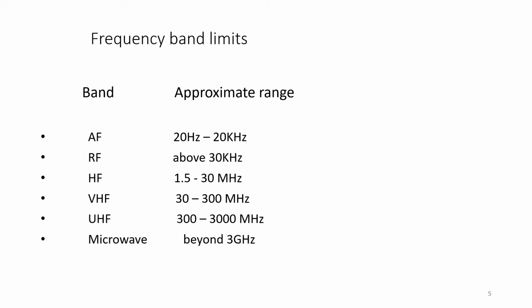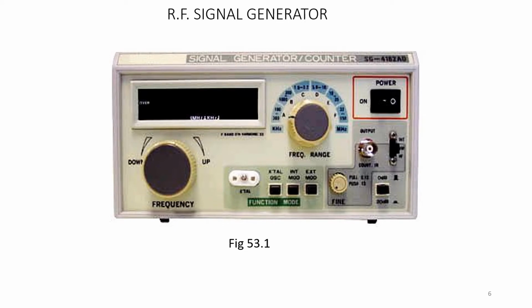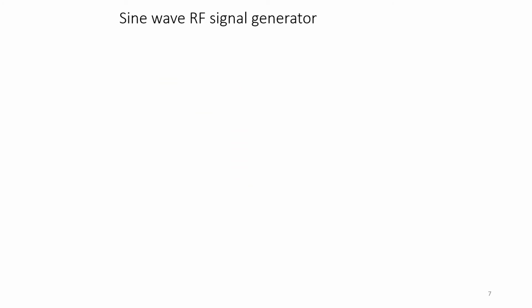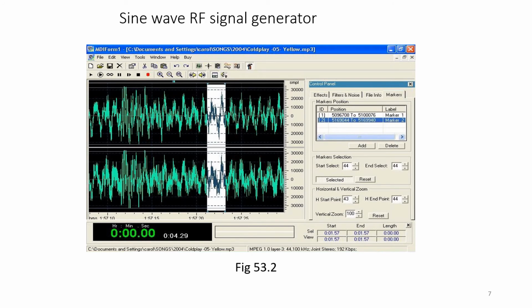The ultra high frequency band from 300 to 3000 MHz. The microwaves beyond 3 GHz. So this is an RF signal generator to produce the different waveforms at radio frequencies. So this is a sine wave RF signal generator.